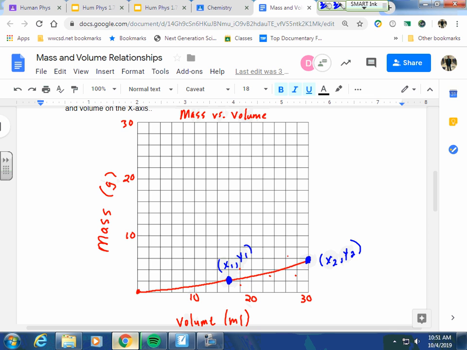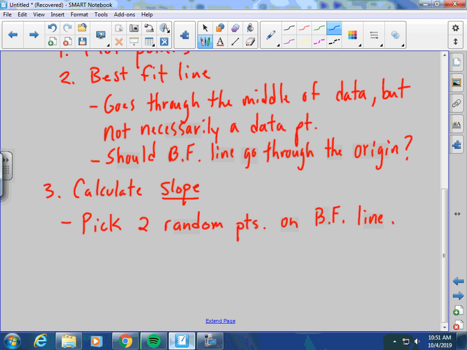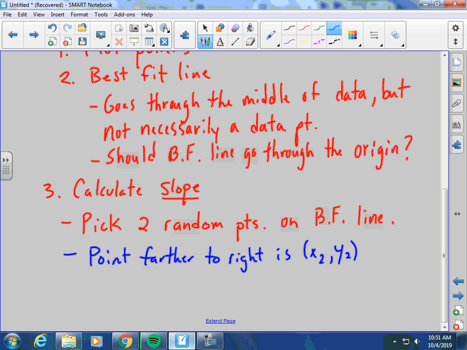So if I write that into our notes so that we have it for later, I'm going to say: point farther to right is X2, Y2. Point farther to left is X1, Y1.